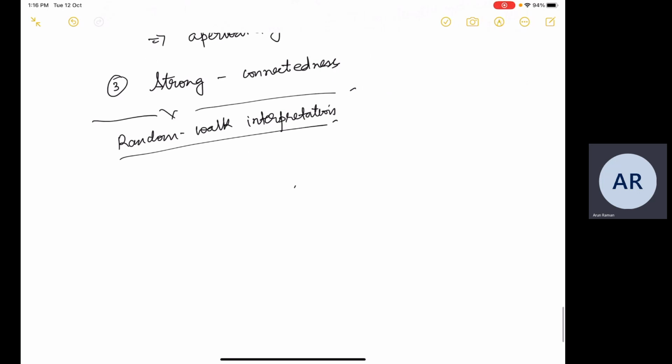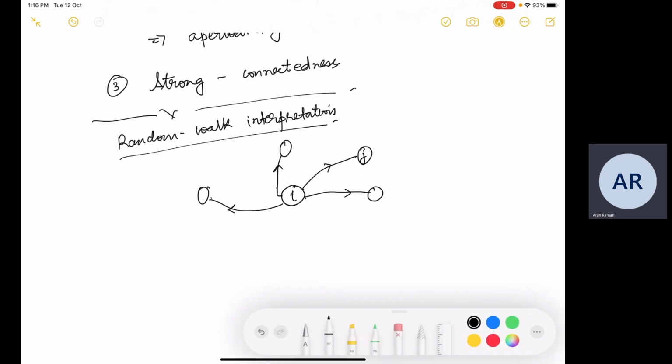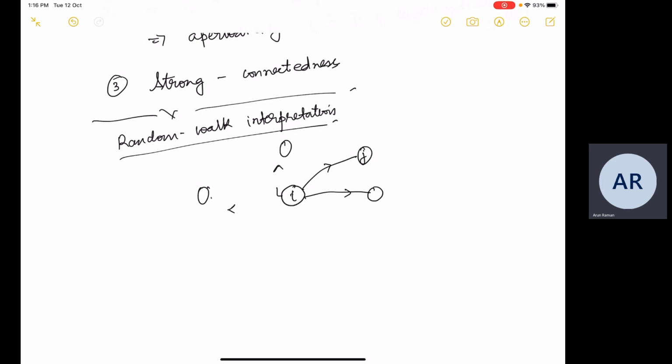Suppose we did a long random walk and we somehow ended in state i. State i has R many neighbors.